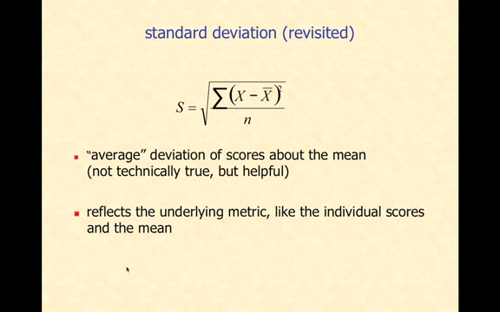What's important to focus on is the fact that it reflects the underlying metric. That is, it's in the same scale as whatever your original test or measure was in. So just like your individual scores on a test and the mean, the standard deviation is in the same units of measurement that you use for your test.